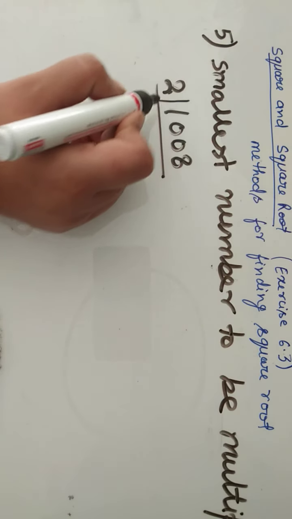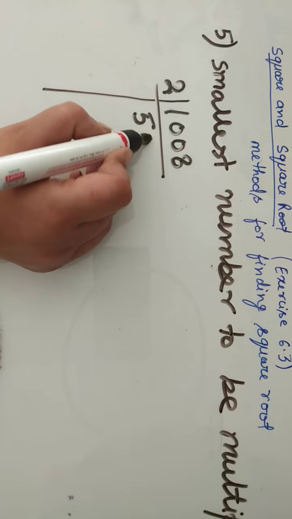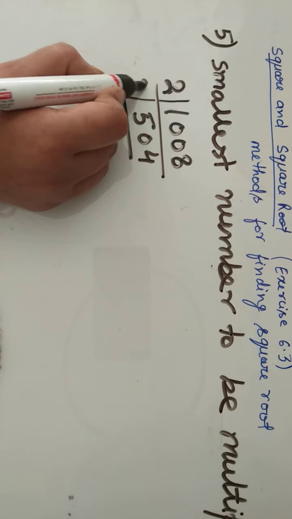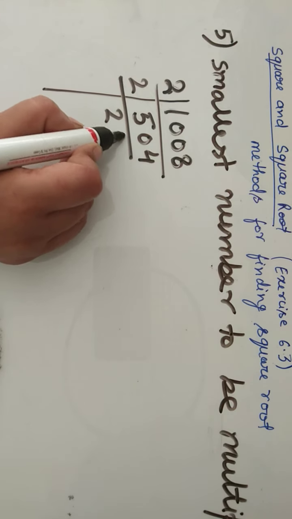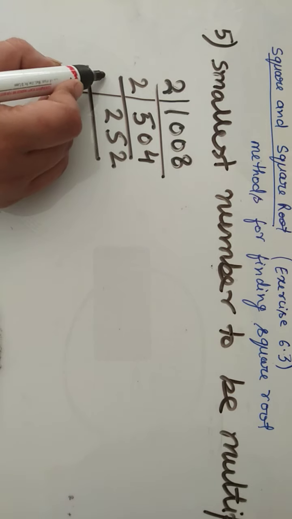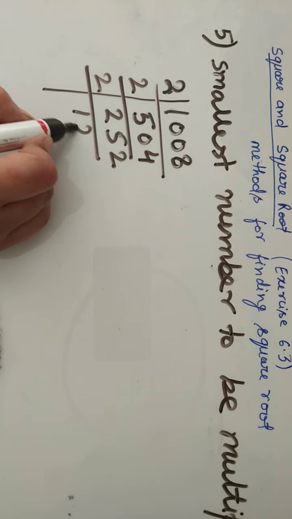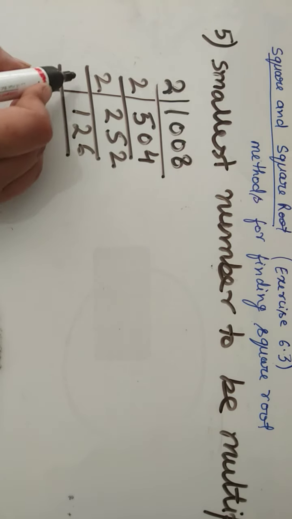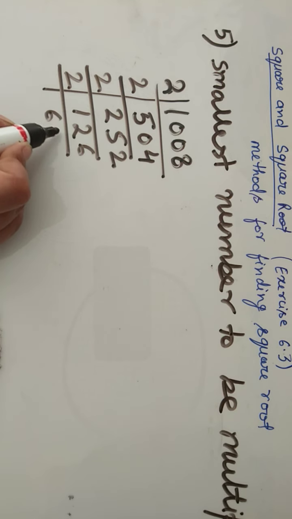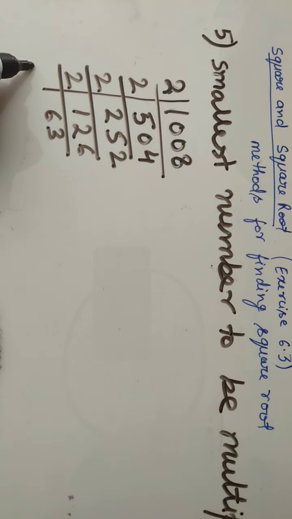So just check it. 2 5s are 10, 2 4s are 8, 2 2s are 4, 2 1s are 2, 2 6s are 12, 2 3s are 6.